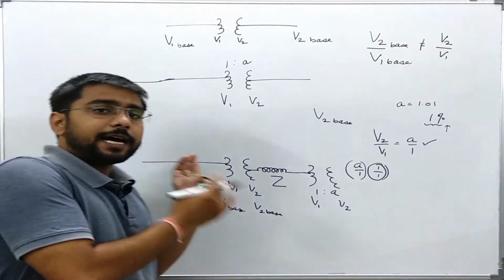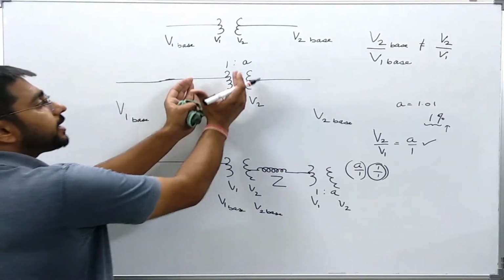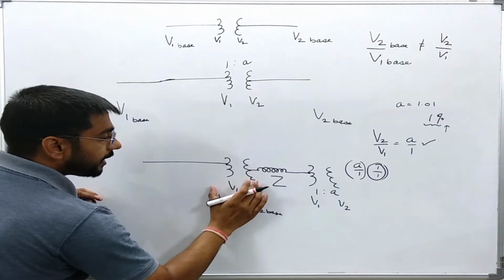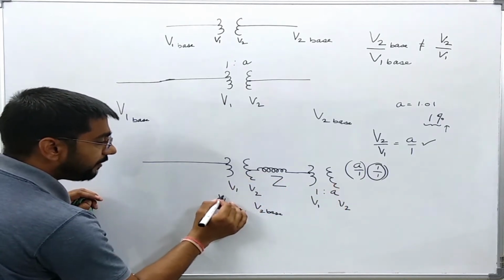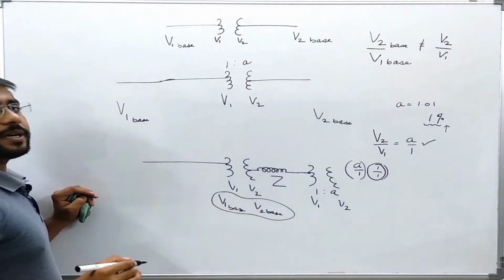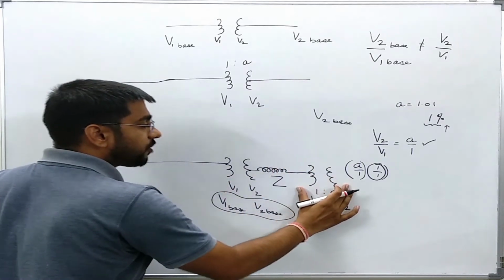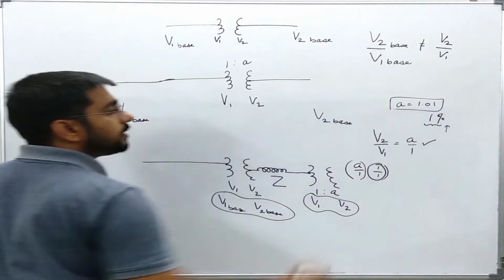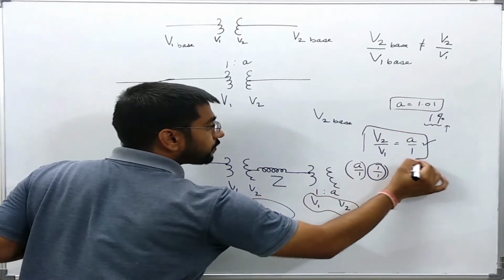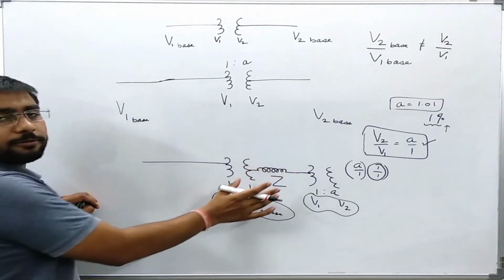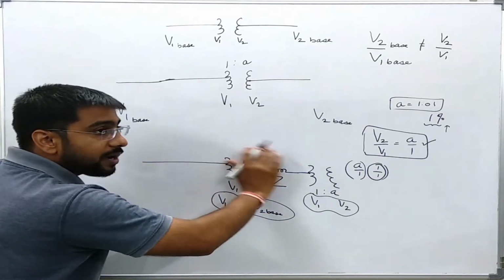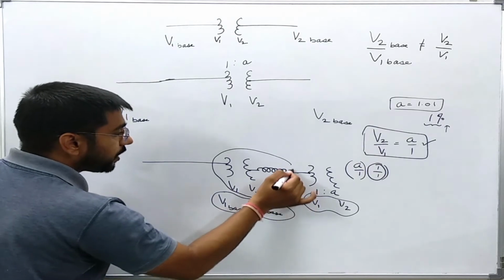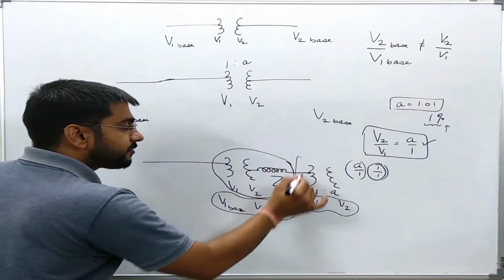So here I have bifurcated this transformer into two transformers, where the first transformer has the same transformation ratio as the voltage bases on both sides, and the second transformer has the voltage ratio just given by A. Now I have given all the non-idealities of this transformer to the first transformer, and the second transformer has been made ideal.